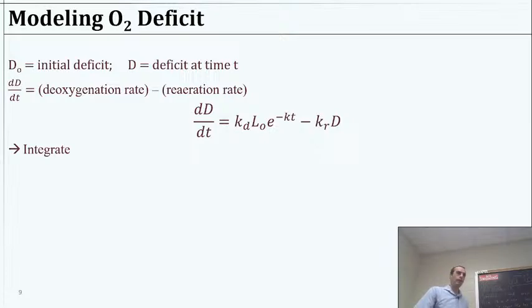All right, so take 20 seconds and integrate that. Just kidding. But that would be the next step, right? We want to find a solution for this rate so that we could find D as a function of time.